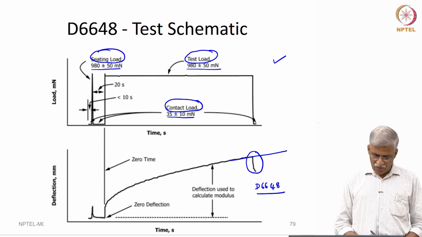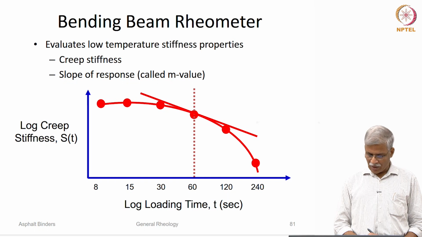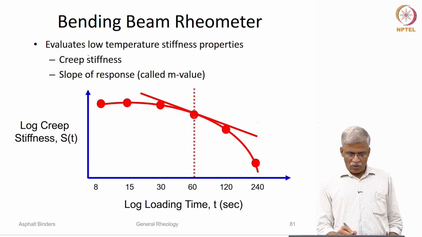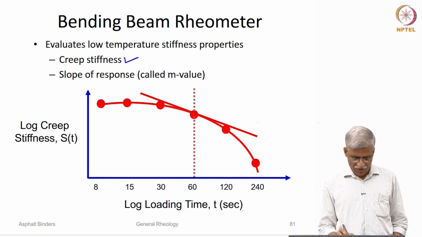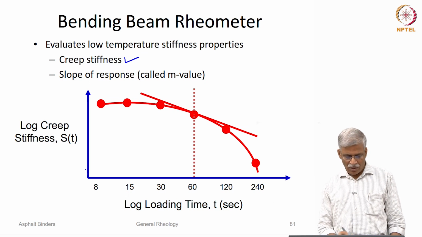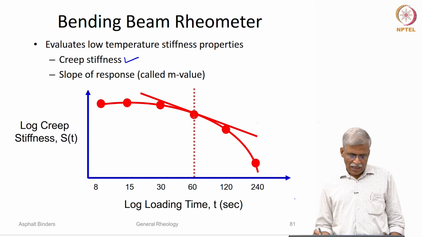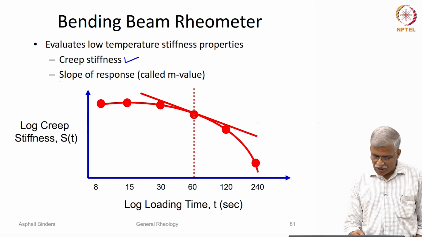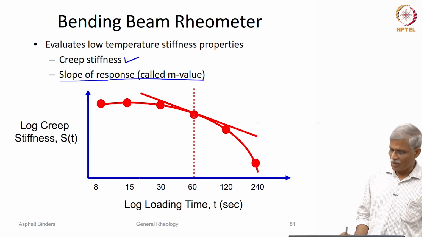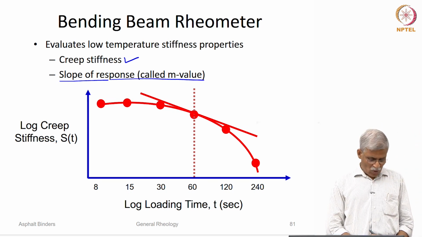Substitute this and we are going to get this particular graph. So, we will get the creep stiffness and we plot log of creep stiffness versus log of loading time, and the slope of the response, called the m value, is used as a specification parameter. So, how do we do it?